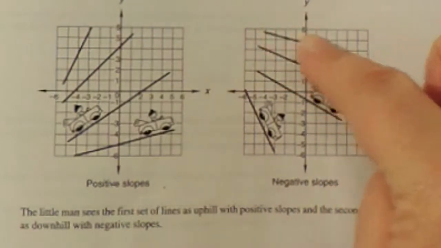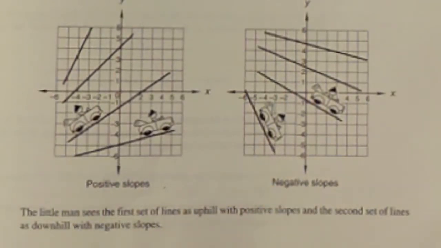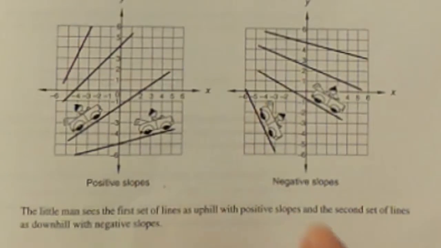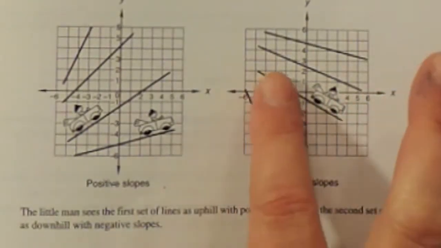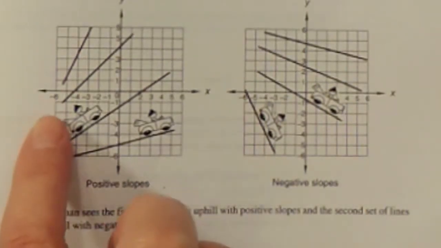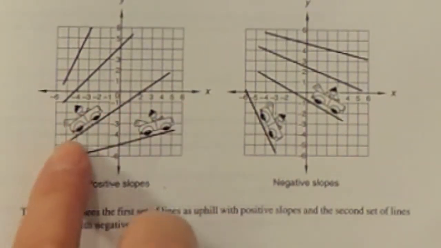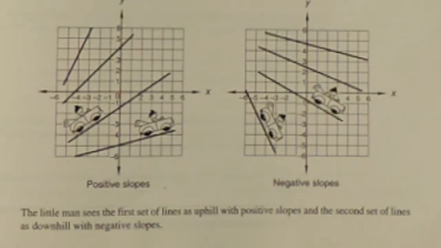If the car is driving downhill on any of these kinds of hills or grades, the slope is going to be negative. So as the x increases and moves towards the right, if the slope goes down, the m is negative. As the x increases and moves to the right, if the car is going uphill, then the slope is positive, and the m is positive.